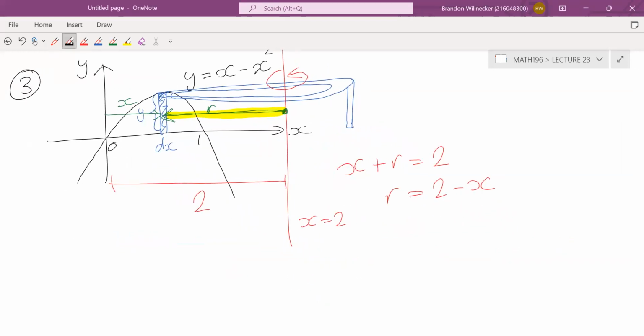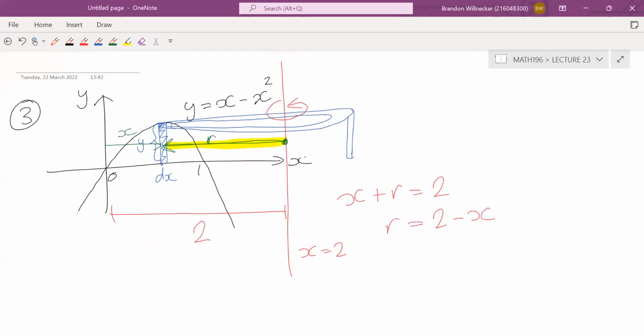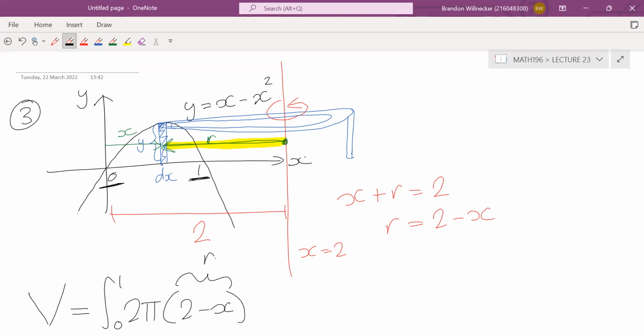Okay. So now that we've got that, we can find the volume. Because the volume will be the integral from 0 to 1, because that is our x bounds over there. The circumference is 2 pi r, so it will be 2 pi (2 minus x), because remember that's r.